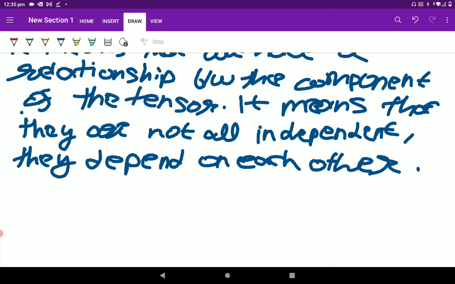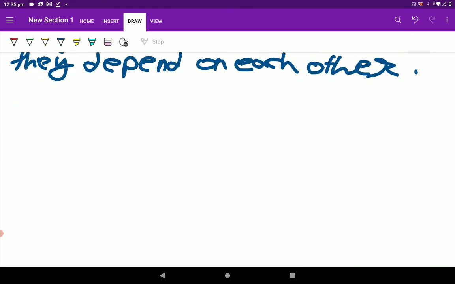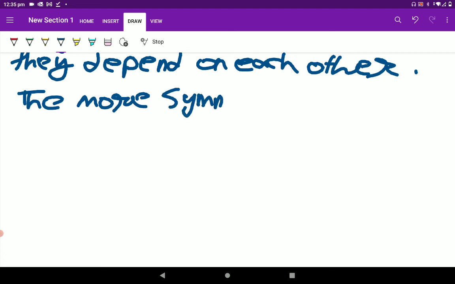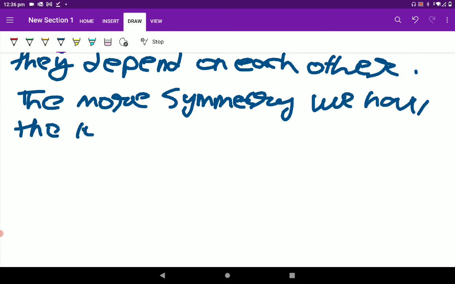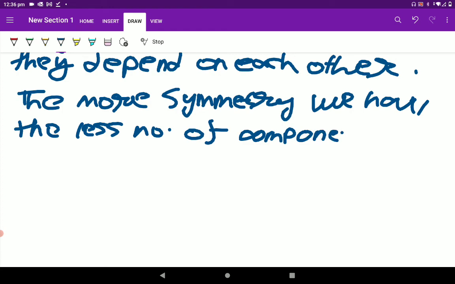So we can say that the more symmetry we have, the fewer components are independent.